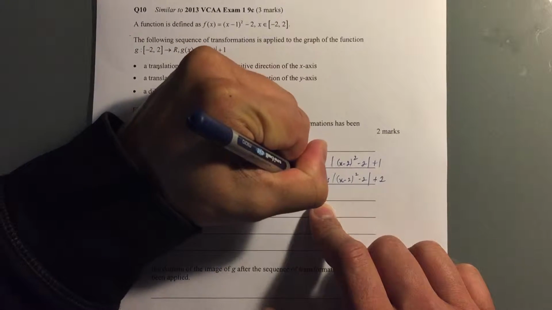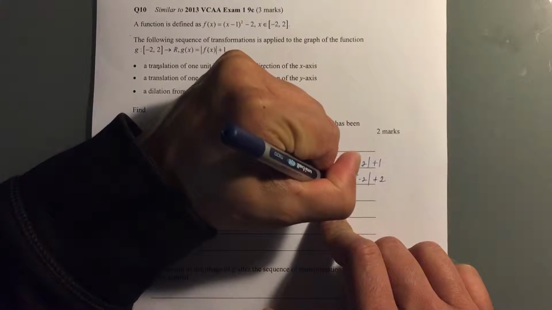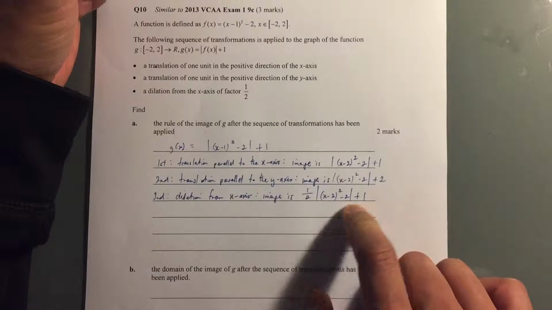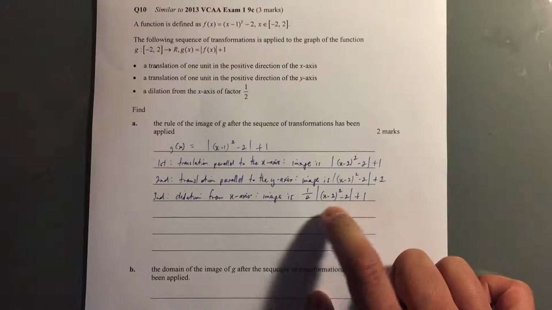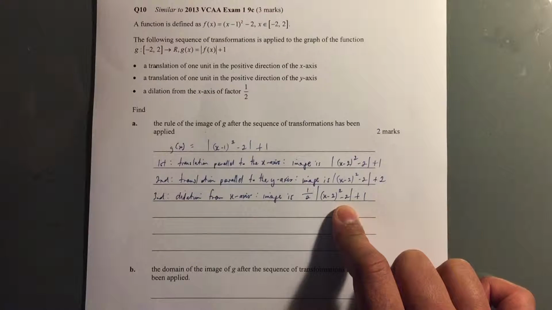So this is half of the absolute of x take 2 all squared take 2, plus 1, because I need to multiply all terms by a half. And so this is my image.